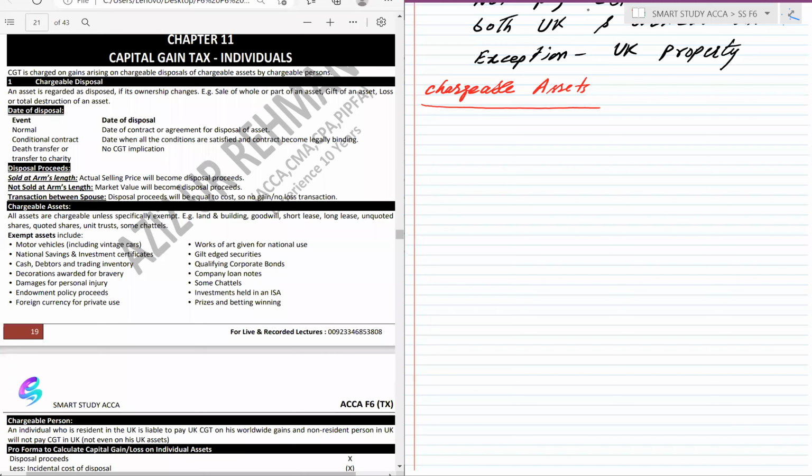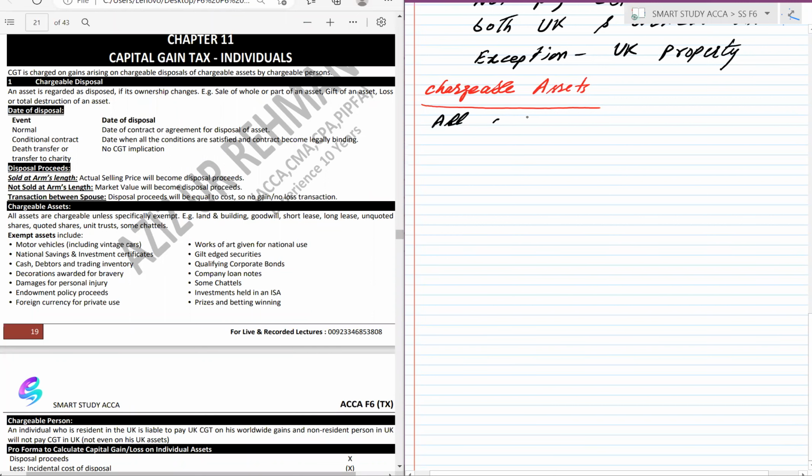Now, the next term is chargeable asset. Students, tax law has provided a list of exempt assets. We need to memorize the list of exempt assets.